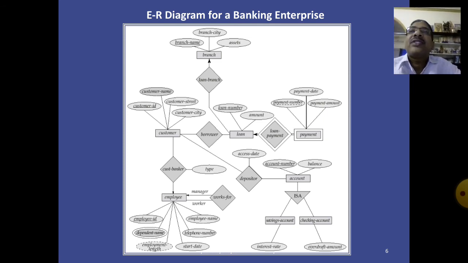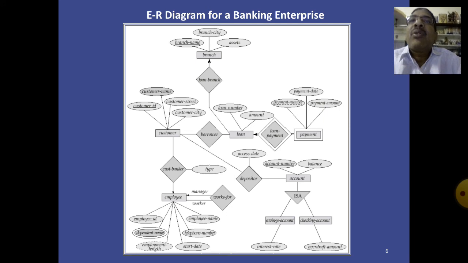Branch, customer, loan, payment, employee. These are the entities. Relationships also are there: loan branch, borrower, loan payment, customer banker, and the relationship works for.